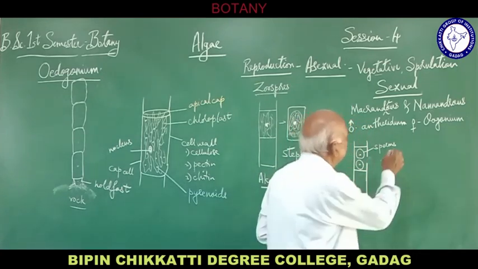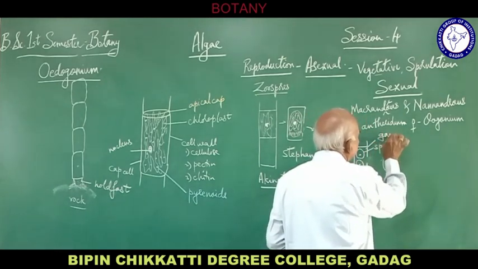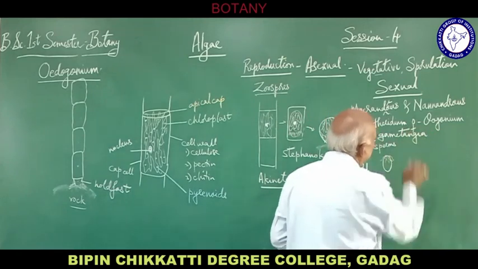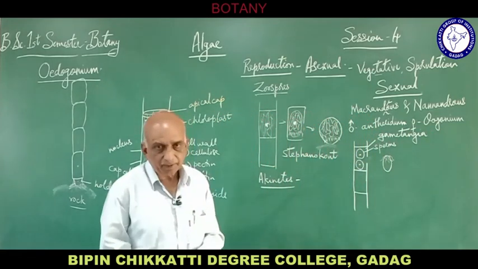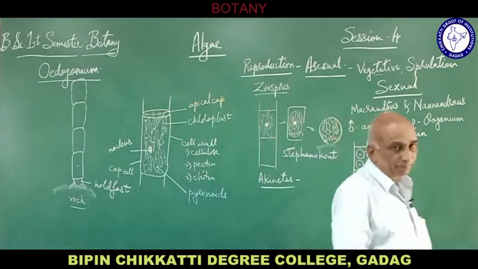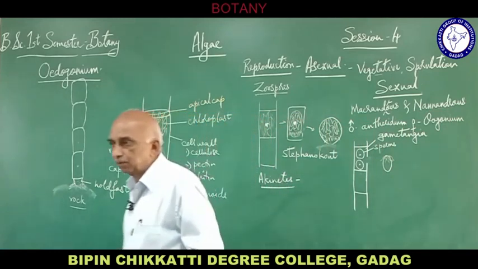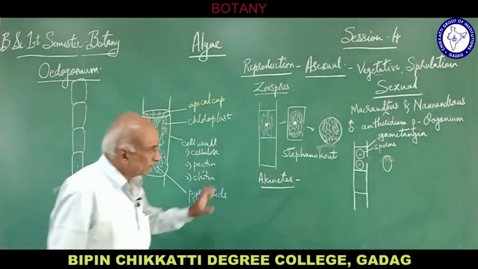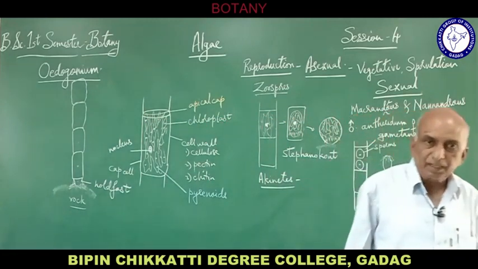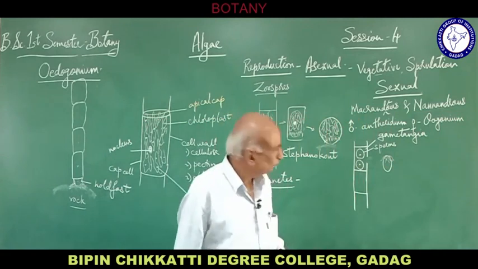So the cell which produces the gametes, they are called as the gametangium or gametangia. So the male gametangium is the anthridium, the female gametangium is the oogonium. So the male gametangium produces a pair of male gametes or sperms, and these sperms are also flagellated, they are motile, they swim in water and they move freely.